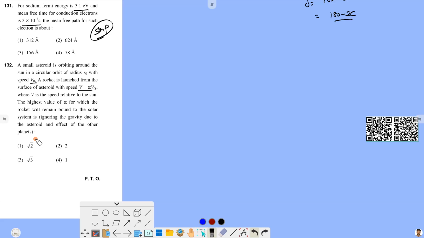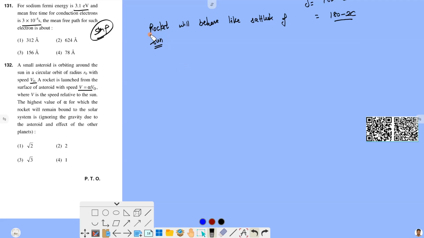Now, it is mentioned that the rocket should be bound to the sun. So we can say that the rocket will behave like a satellite of the sun, like on the earth we have the moon which is orbiting around the earth, and it is bounded to the earth.